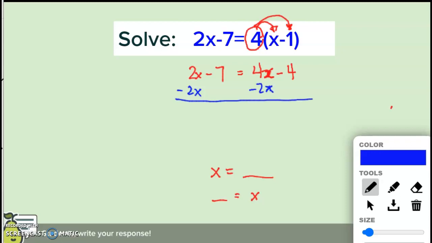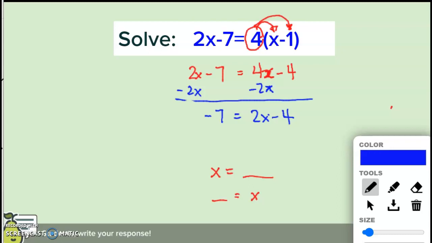Because when I do that, 2x minus 2x, that's just 0. And then you still have 7 is equal to 4x minus 2x, which is 2x, minus 4. And we don't even have to put this 0 there. 0 minus 7 is the same as negative 7. So I am going to erase that.